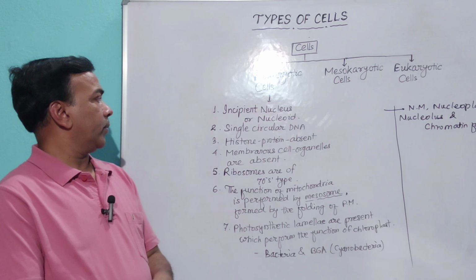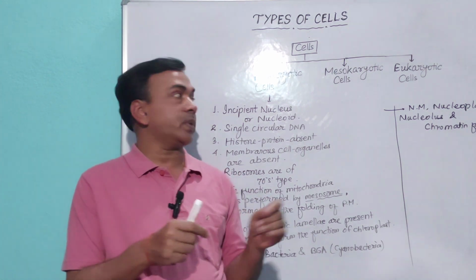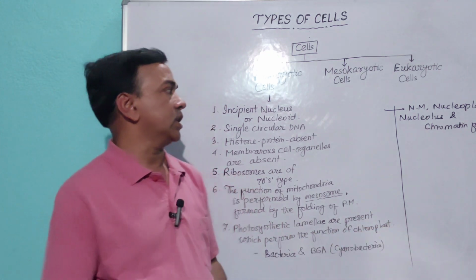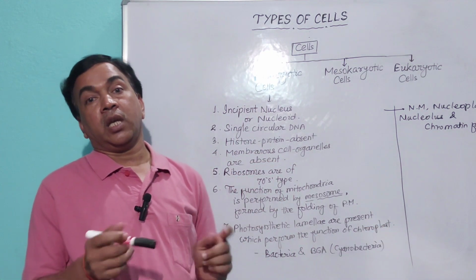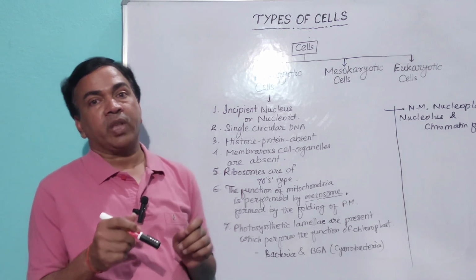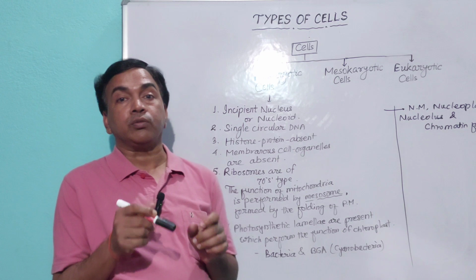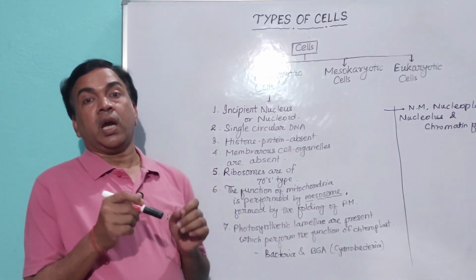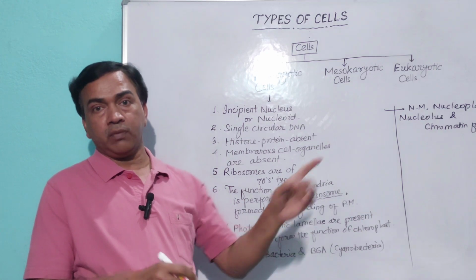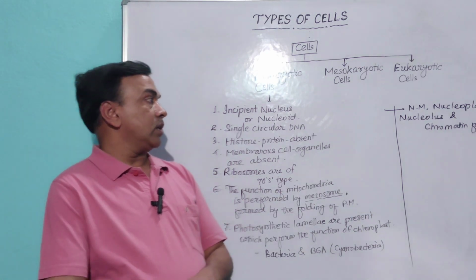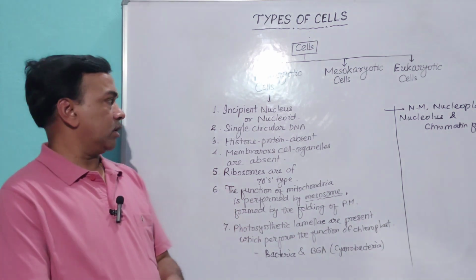Third, histone protein is present in eukaryotic cell. This histone protein combines with DNA to form nucleosomes, and the nucleosomes polymerize to form chromatin fibers.